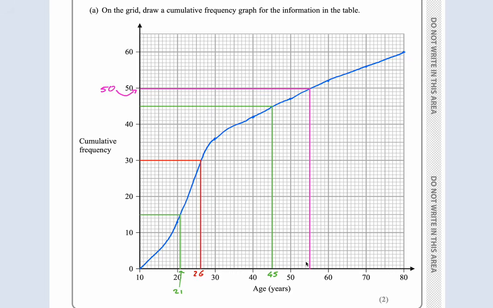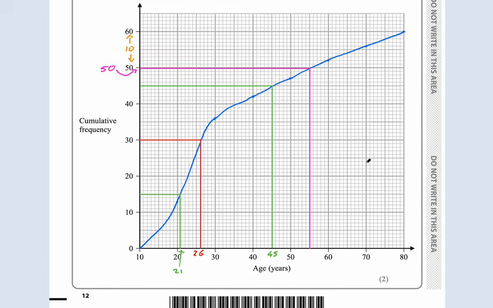So there's 50 people younger than 55, which means there's 10 people older than 55. So the answer is 10.